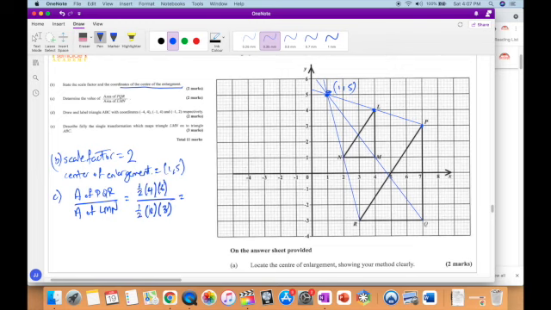So 6 4s are 24, divided by 2, which is 12 on top here, and 3 2s are 6. 6 divided by 2 is 3. So therefore 12 divided by 3 is 4, is the answer for part C.